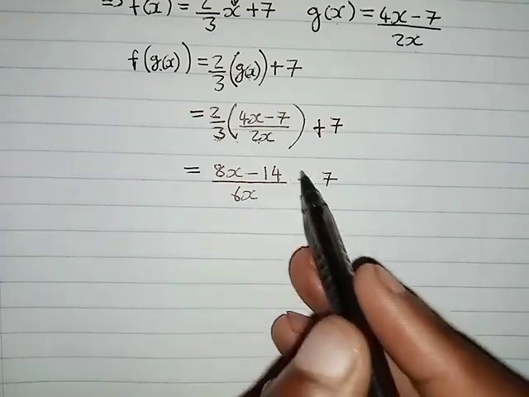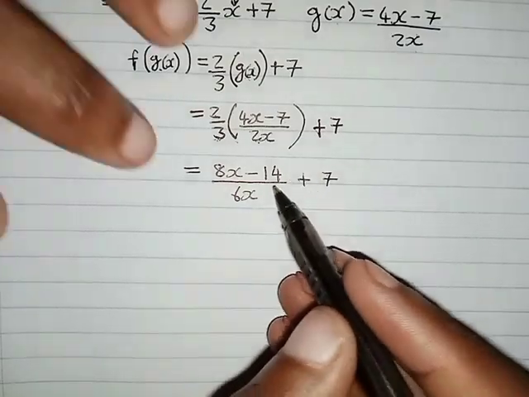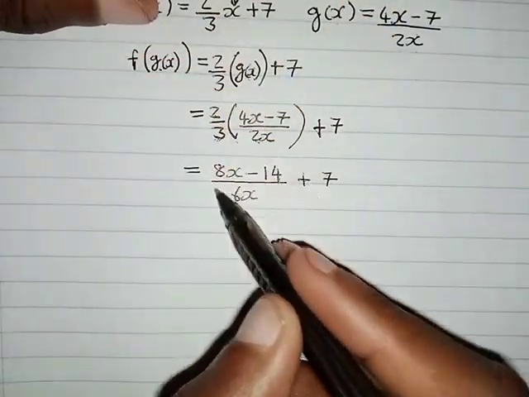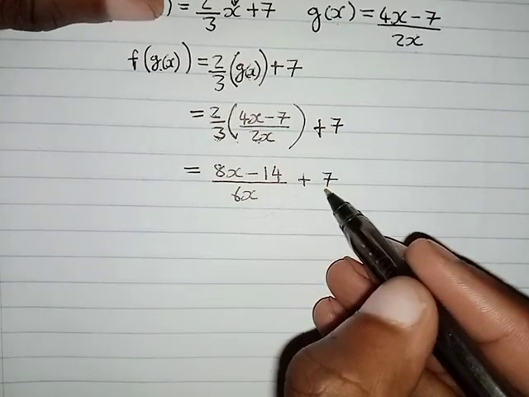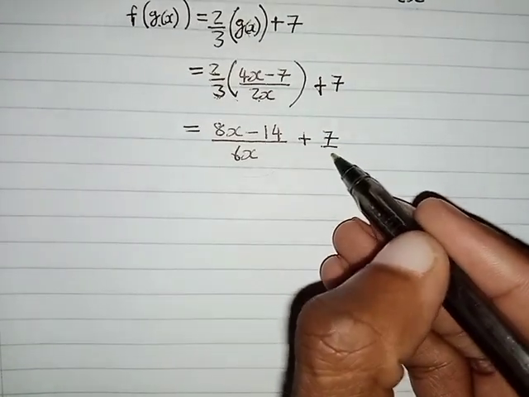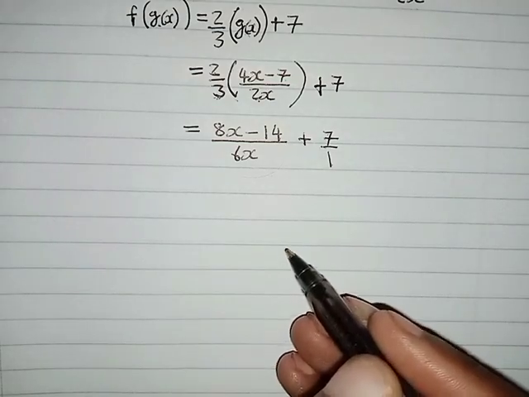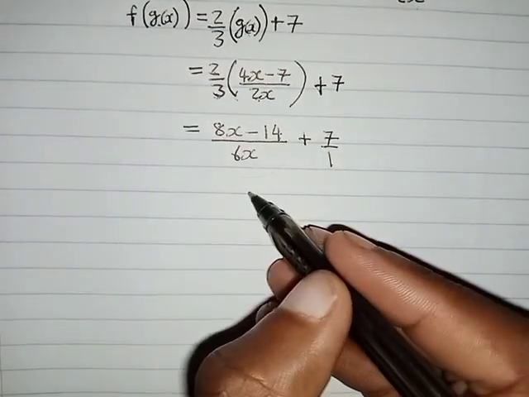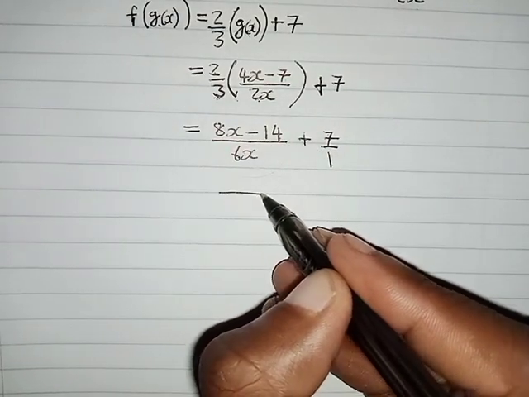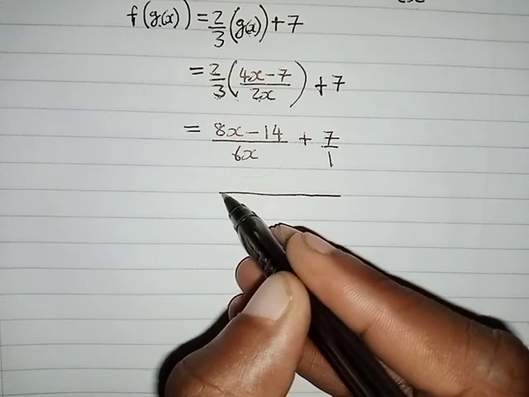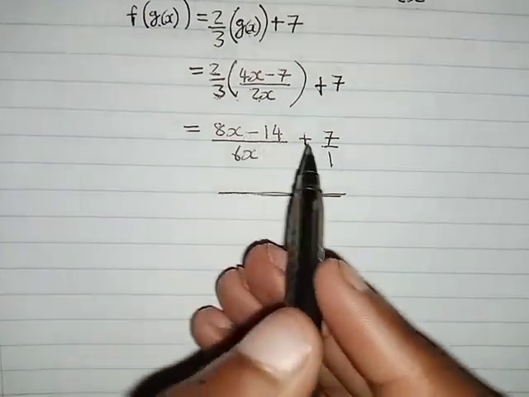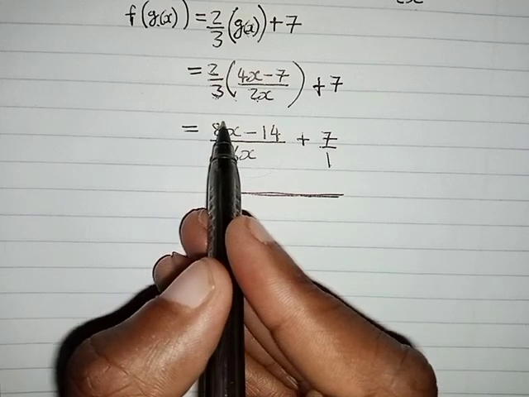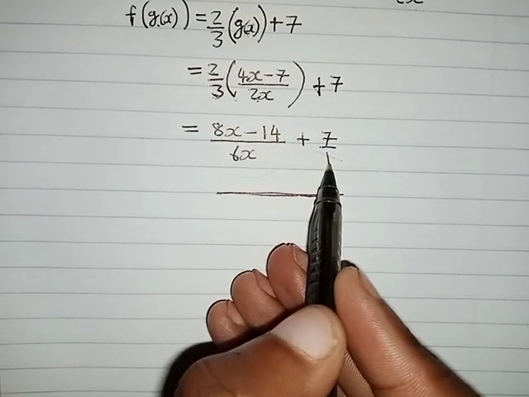We can now finish this expression. Since this side is a fraction form, but this one is not a fraction, we can also make this one a fraction just by putting a 1. Then we simplify the whole lot of it. Following the procedure, we can use the cross multiplication method. What is on top should multiply with what is down here.